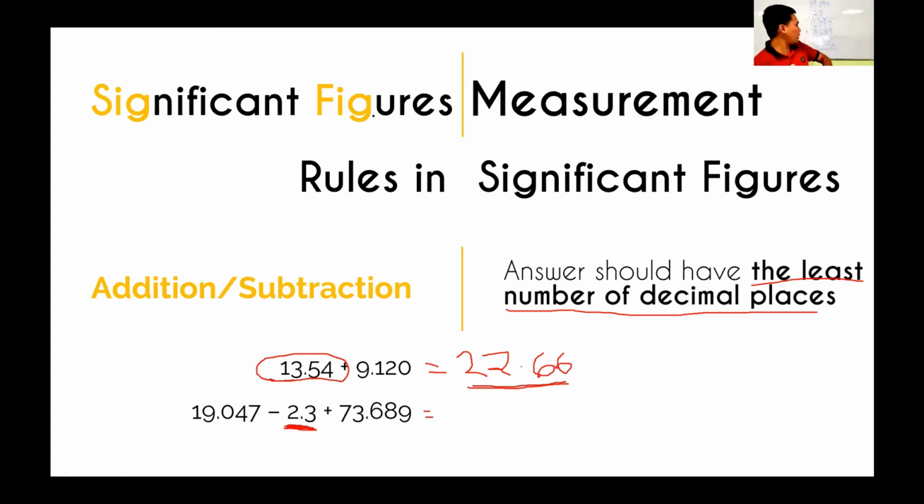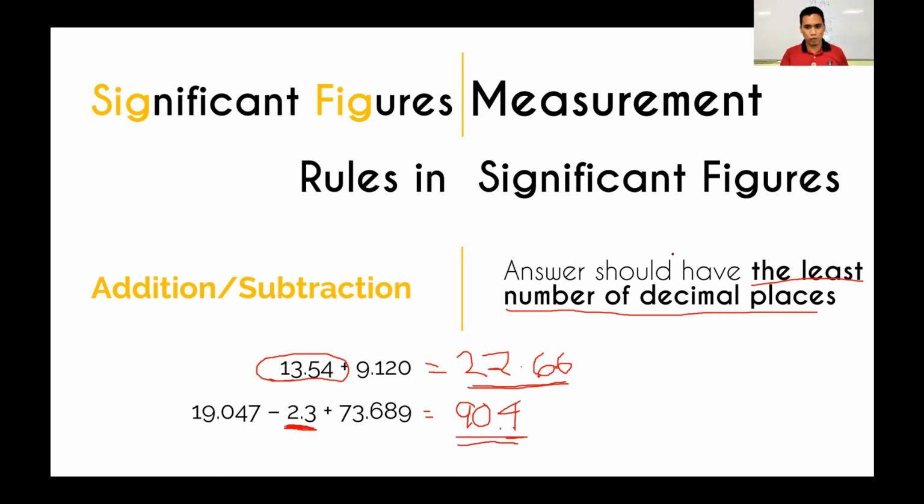So we cut this up to 1 decimal place. So the answer is 90.4. Okay? So always follow the rules in significant figures.